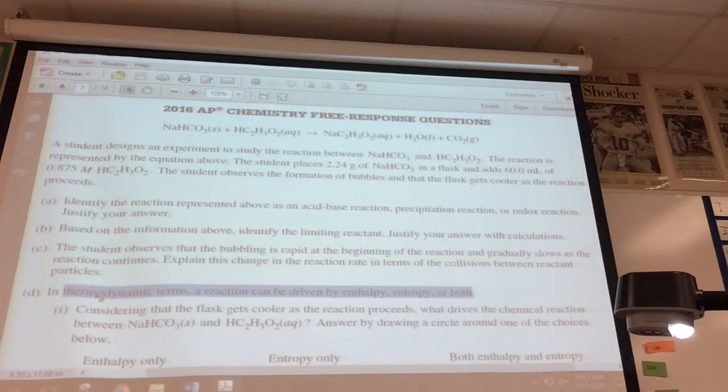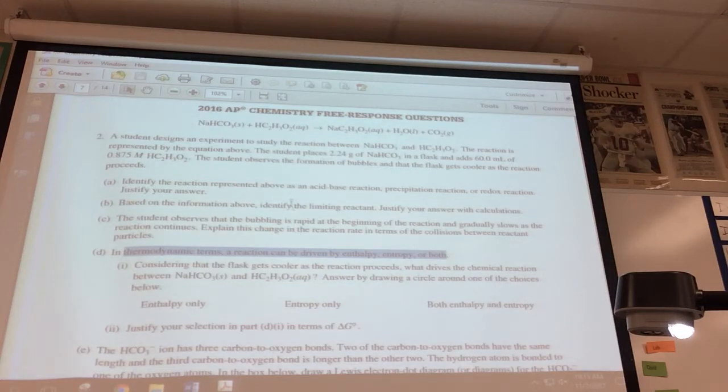and this is why it's difficult to really bite into these questions early on, you're given an equation, you're given some information, and the first question says, identify the reaction represented above as an acid-base, precipitation, or redox reaction. And you should be able to do that already because we talked about reaction types.